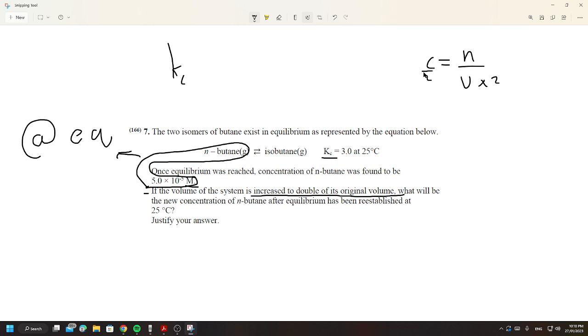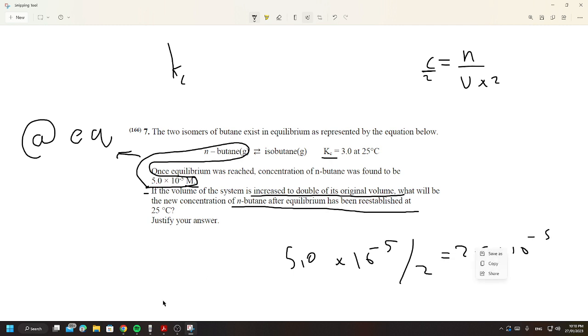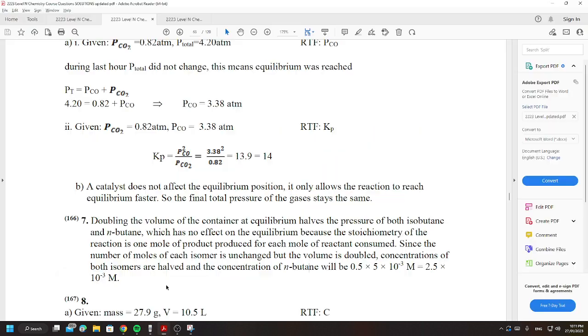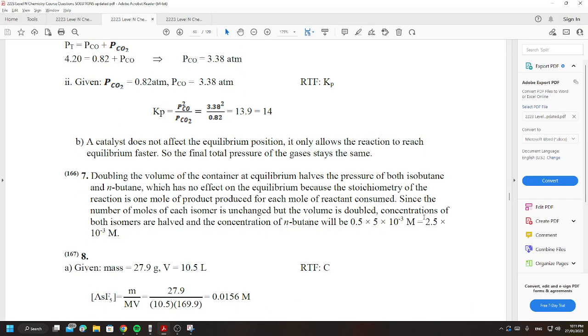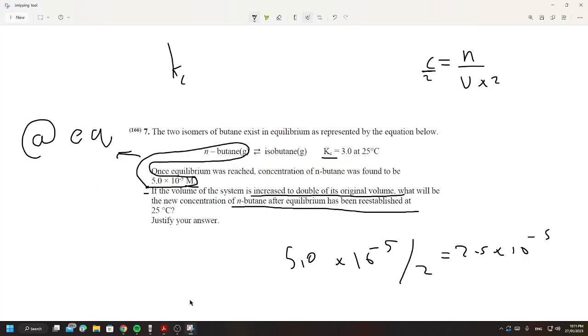If they doubled the volume, it means they halved the concentration. So what is the concentration of n-butane after equilibrium has been re-established? We're just going to do 5.0 times 10 to the power negative 5 divided by 2 to give 2.5 times 10 to the power negative 5. You see their answer, and I already saw it, but yeah, 2.5 times 10 to the power negative, was it 3 or 5? Negative 5.